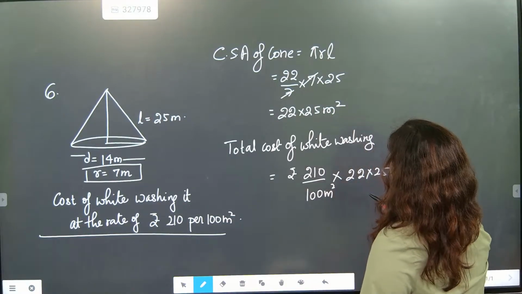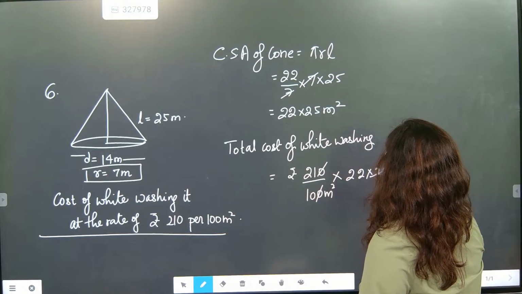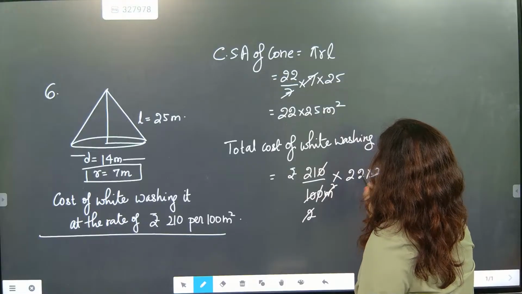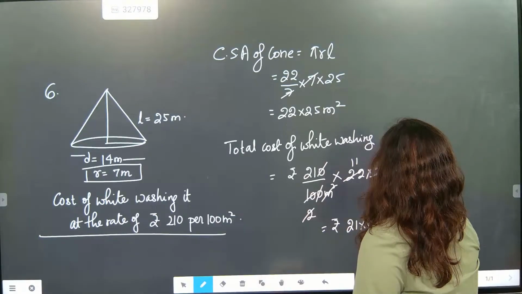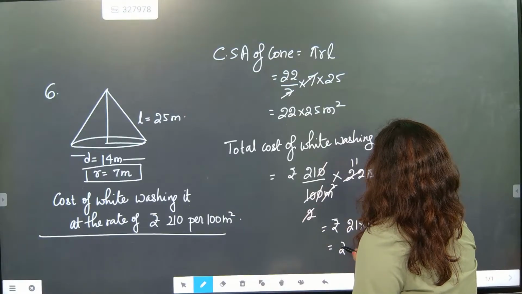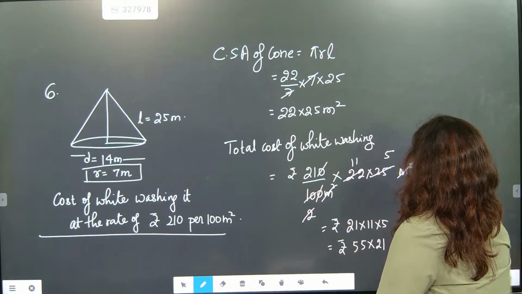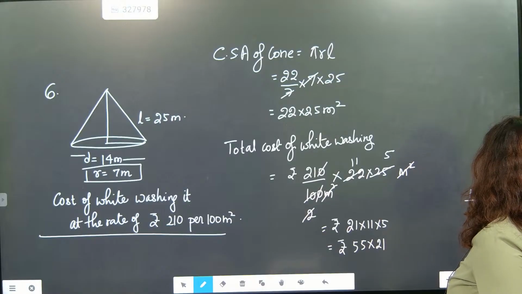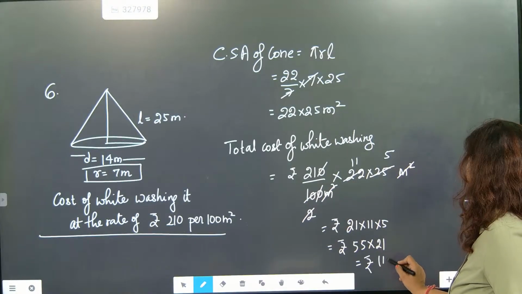Now this 0 and this 0 will get cancelled. 5 5s are 25, and meter square cancels. 5 5s are 25, 5 2s are 10 and this is coming as 11. So rupees 21 into 11 into 5. So here it is coming as 55 into 21. 5 ones are 5, 5 twos are 10, and there 105. So 55 into 21 is 1155. Beta, can you check? This is the total cost, 1155.